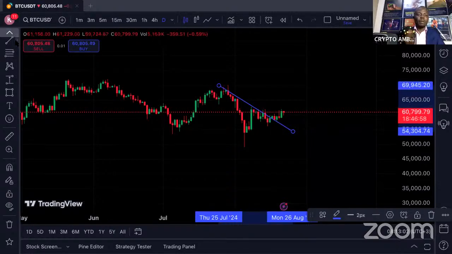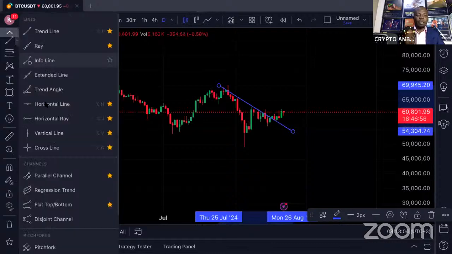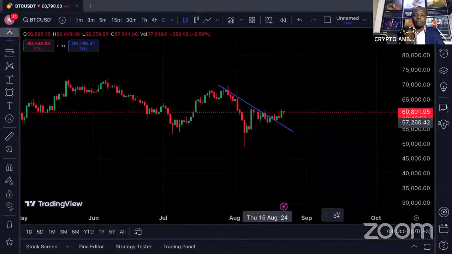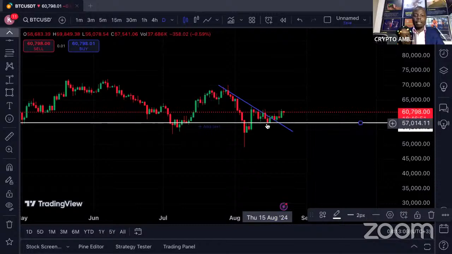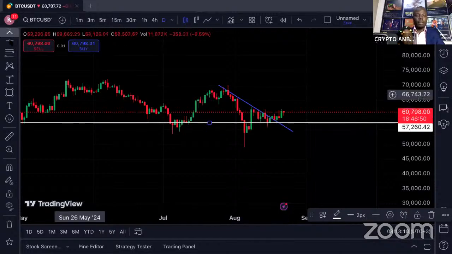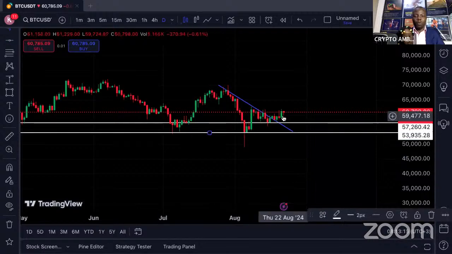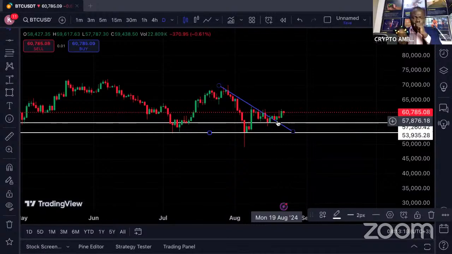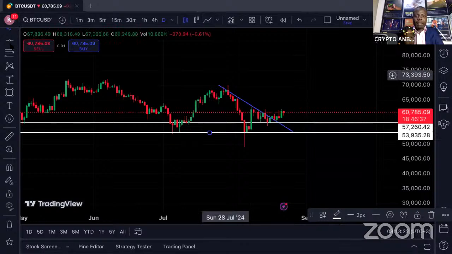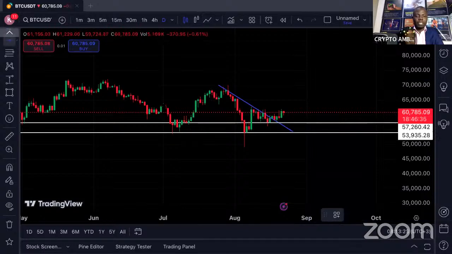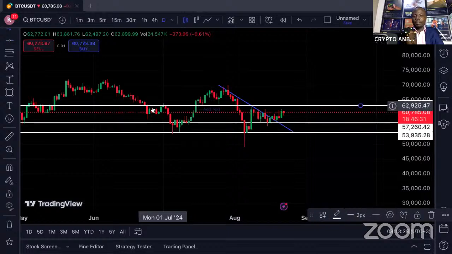If I had kept my horizontal lines in, maybe like that, I could confidently say that the market has broken my line and I expect it to be resisted either at this point here where the market was resisted previously.